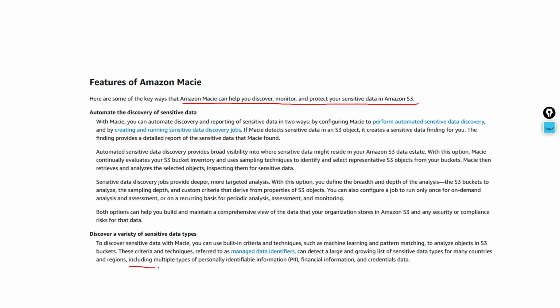Here you can also see it discovers a variety of sensitive data types and automates the discovery of sensitive data. So you can see multiple data types: personally identifiable information, financial information, and credential data. So this is actually our correct answer. So A is the correct answer.